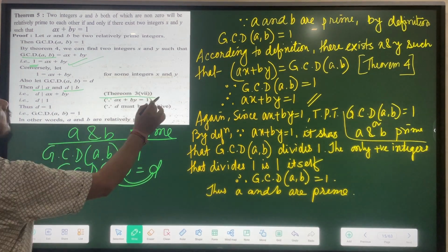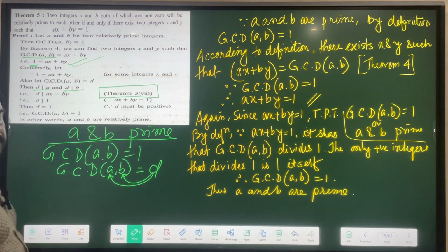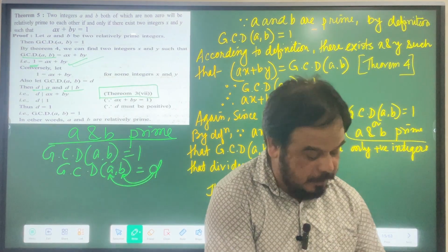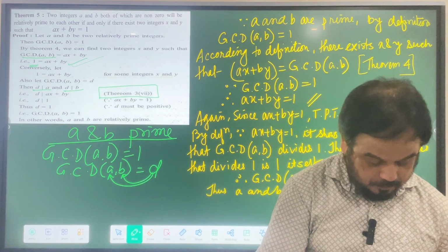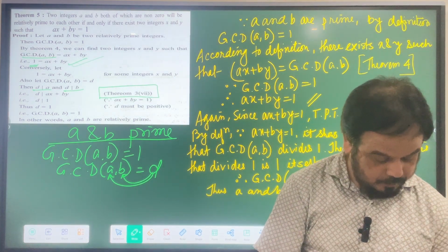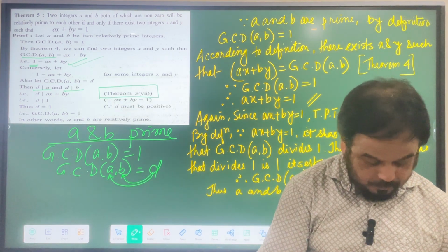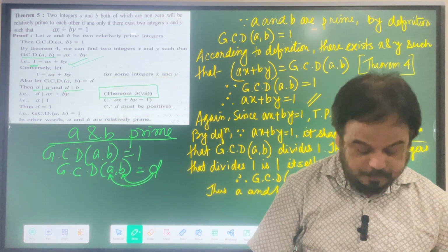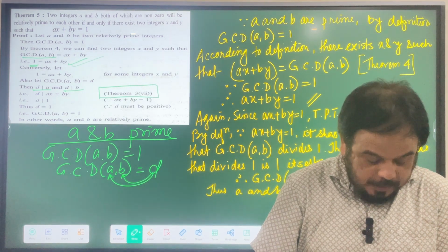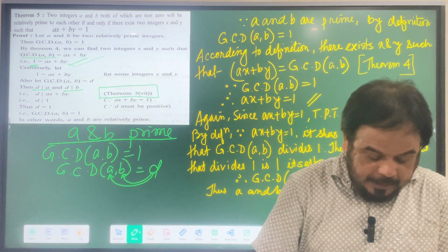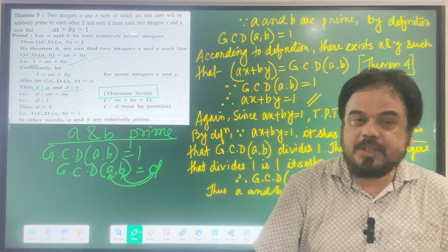This is theorem number 37, on page number 113. If A divides B and A divides C, then A divides bx plus cy.